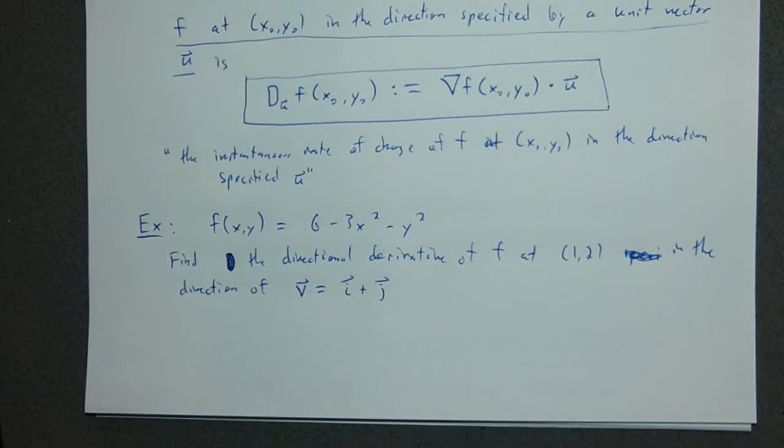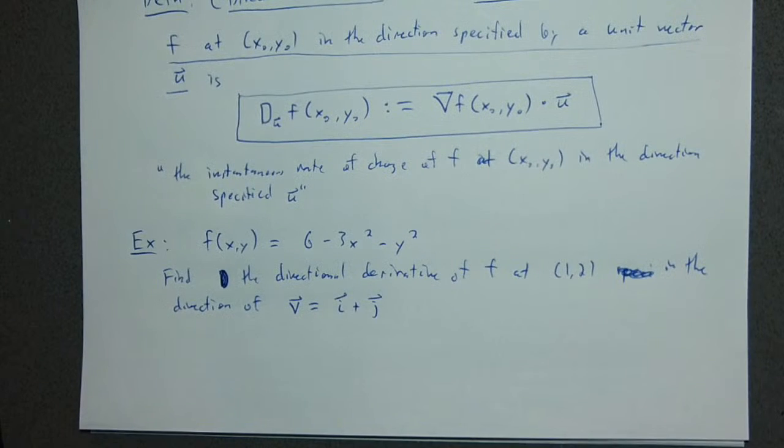So how do I do this? Well, I'm not always going to be so nice to give you the letter u for the vector. Sometimes I will call the vector u, and it won't be a unit vector. In this case, I called it v, and it's not a unit vector. But I want to compute the directional derivative in the same direction indicated by v, so I have to make it a unit vector.